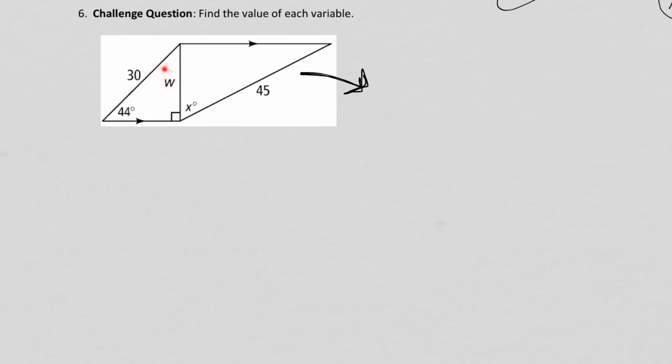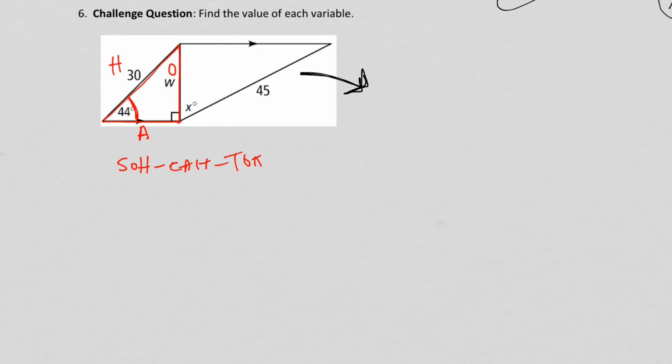So let me first focus on just this. I'll call this the red triangle. So I'm going to first focus on this red triangle. And if I choose this as my reference angle, I have my hypotenuse, my opposite side, and my adjacent side. So in this example, using SOHCAHTOA, notice how in this case, to find this missing side of W, I'm going to use my hypotenuse and my opposite side. That's going to be sine.